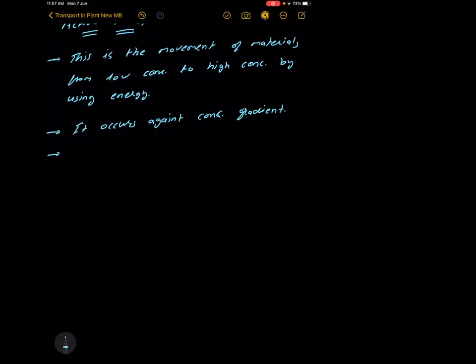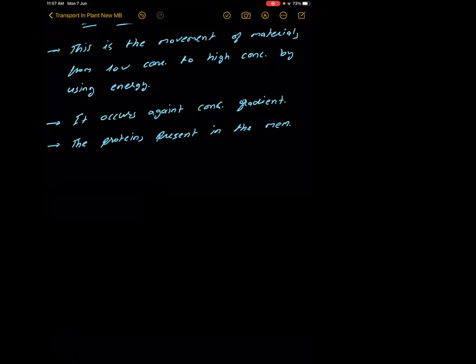The proteins present in the membrane act as pumps.